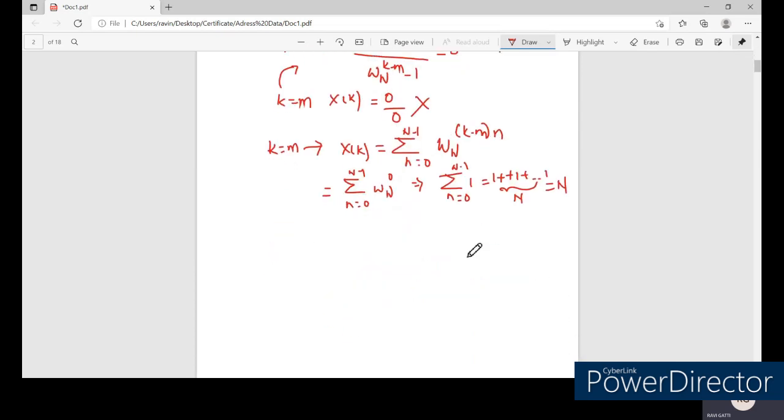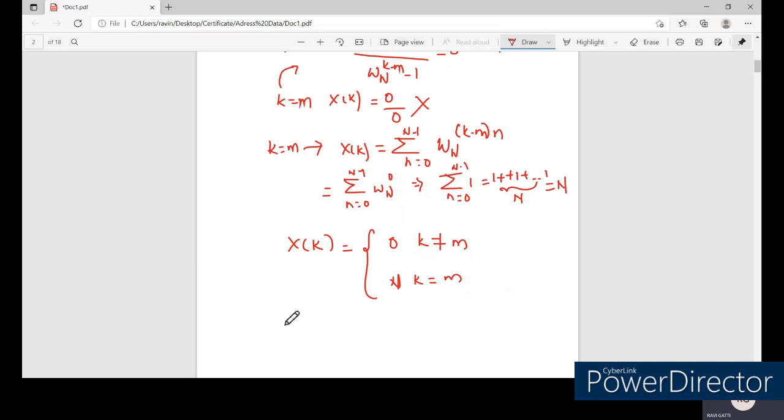So therefore we will be having two values for this X of k. It will be 0 when k is not equal to m, and you'll be having N when k is equal to m.